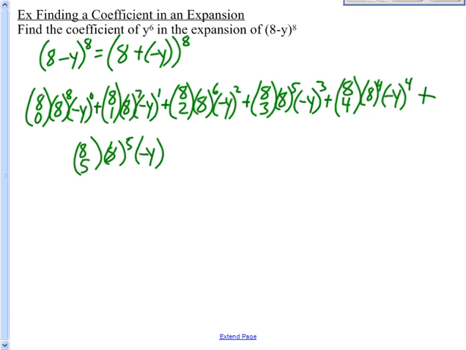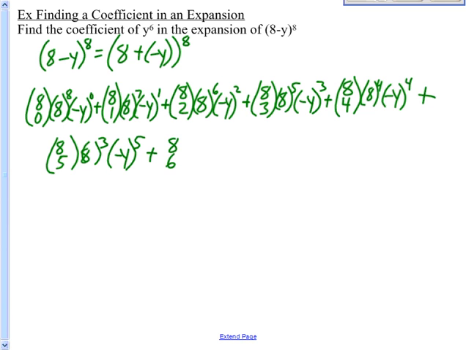Negative y is to the 3rd. 8 choose 6. 8 is to the, whoops, what am I doing? Sorry about that. Mixed that one up. I had 8 choose 4, so I gotta go 8 choose 5. But my 8 has got to go down to the 3rd. Sorry about that. Negative y goes up to the 5th.